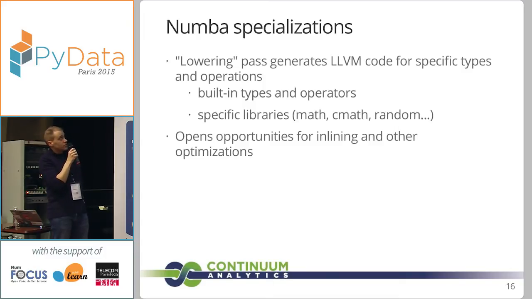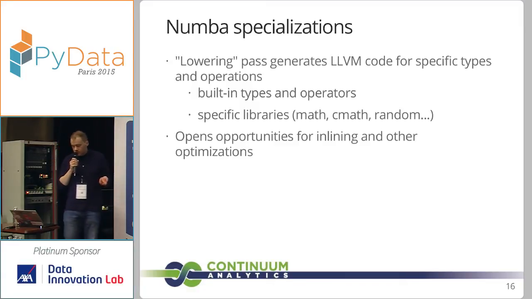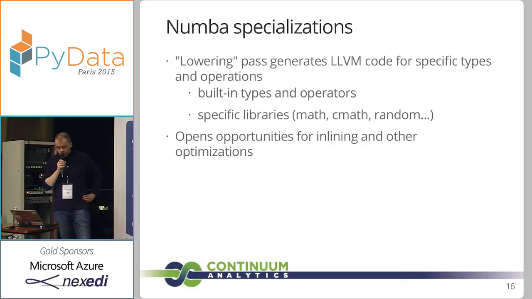So if someone is calling a function in the random module, which we support, then it generates some code for our Mersenne twister implementation and the distribution that the user has chosen. And so we have implemented support for various specific libraries. So most libraries we have implemented support for are, of course, the mathematical libraries: math, cmath, random, also the NumPy equivalent, such as numpy.random. And of course, we're looking to improve that in the future.